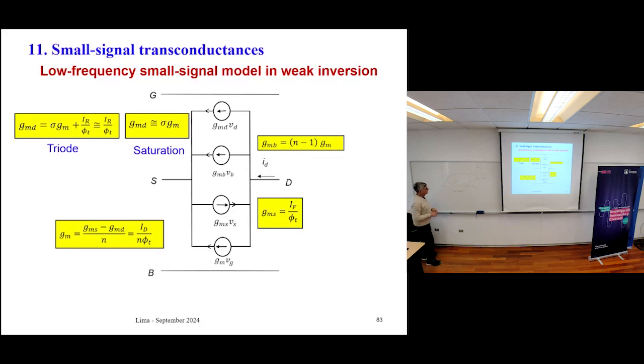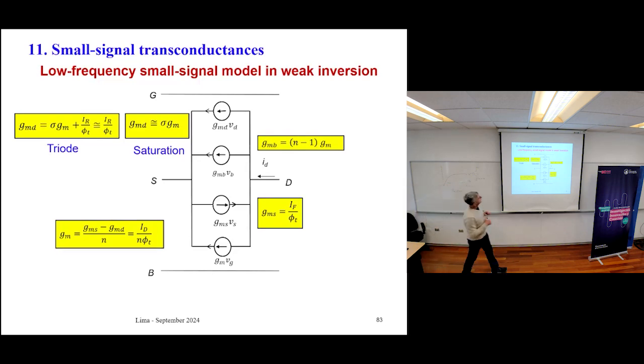As I told you before, when you have a curve like this, you can infer the value of IF from this figure. What happens when VDS equals 0? Both IF and IR have exactly the same value.